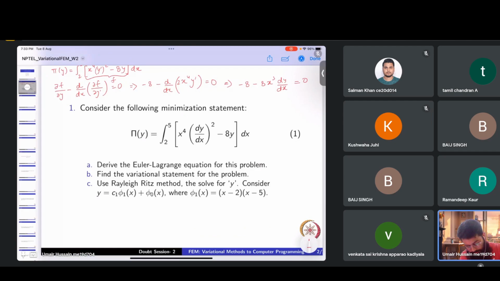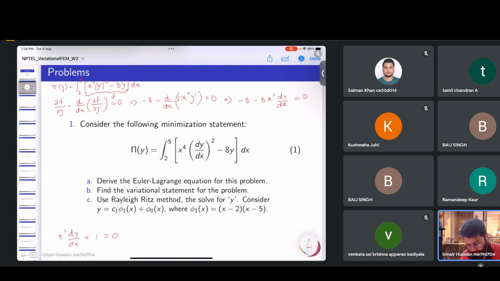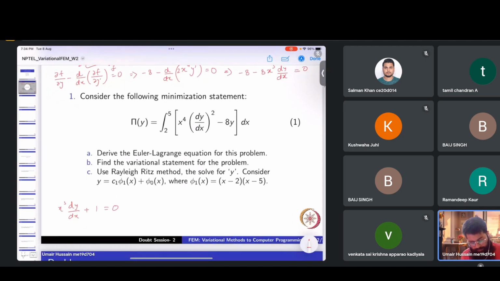So finally we get an equation of this type: x cube dy by dx plus 1 equals 0. I hope this is correct. Okay, so this is our Euler-Lagrange equation. How do we get the variational statement? V times the complete differential equation.